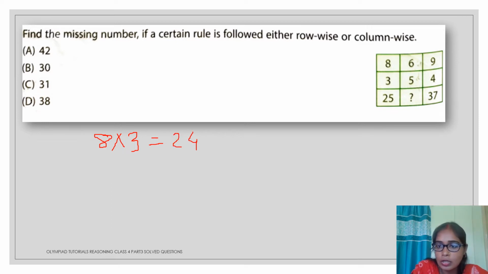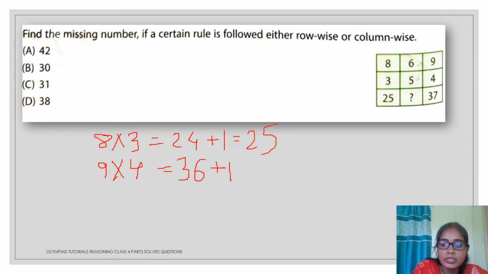The last column, 9 into 4, gives 36. If you add 1 to your answer, you get the element of the last column: 24 plus 1 is 25, which is present here, and 36 plus 1 is 37, which is present here. So we got the relation: whatever answer we get by multiplying the numbers, we just add 1.